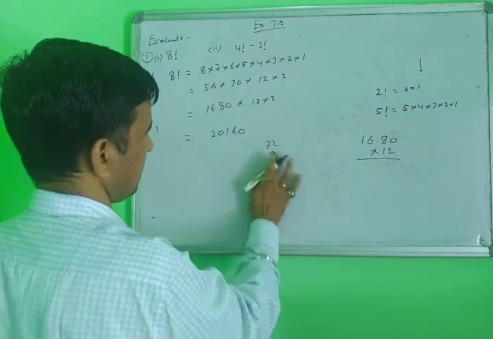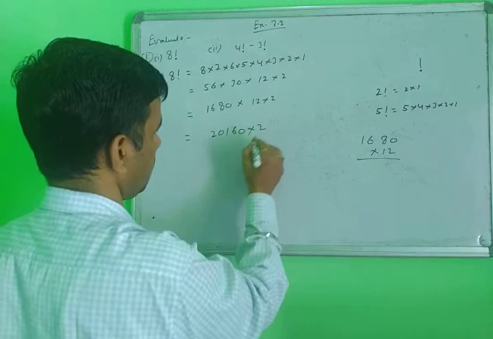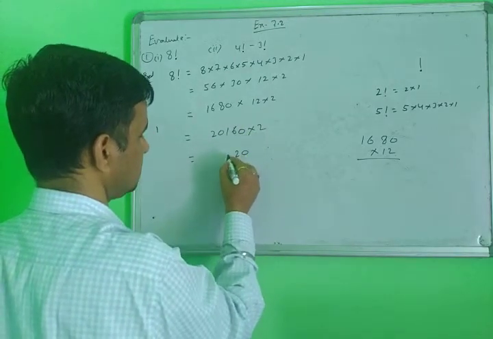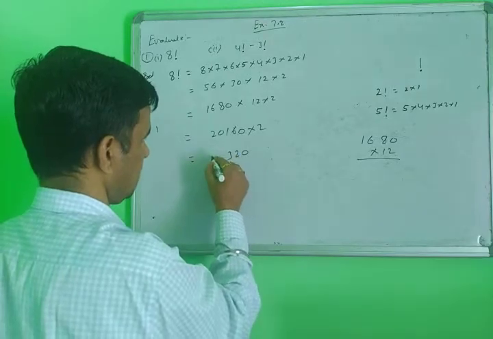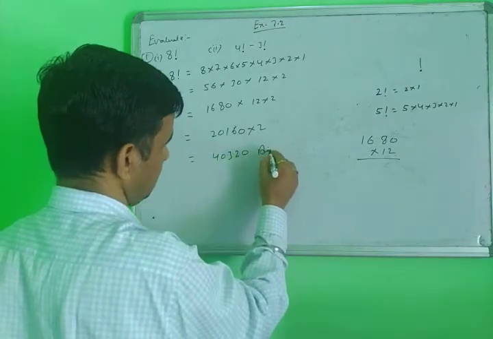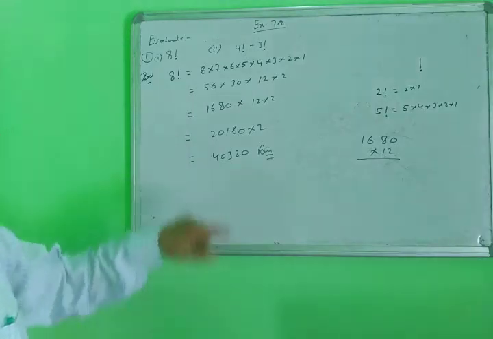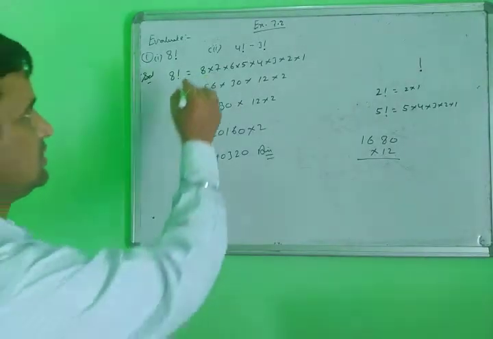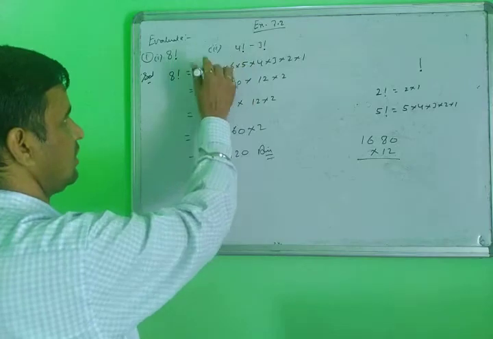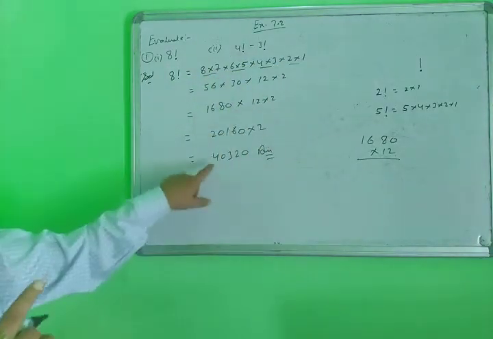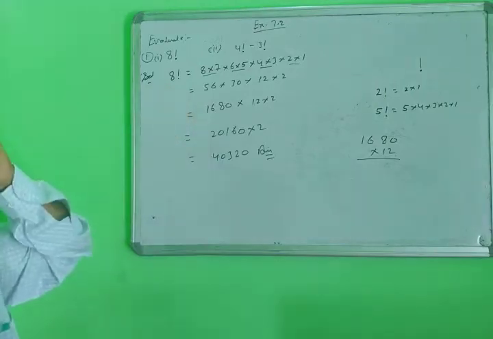So then you multiply here 20 into 2. Then multiply, you get 40,320. So this is the value of factorial 8. First multiply these two digits here in this way, then you multiply again, and 40,320 is your answer for the first part.